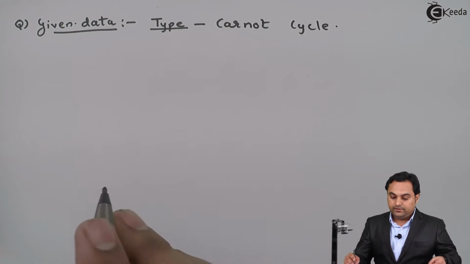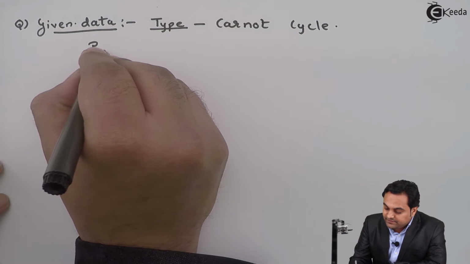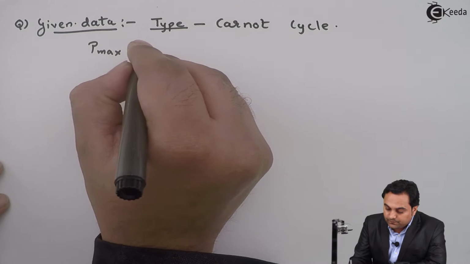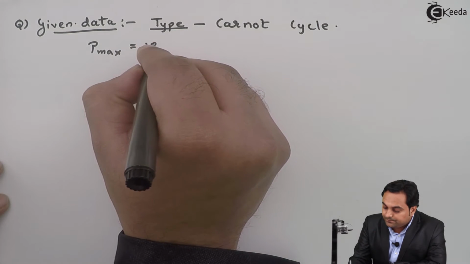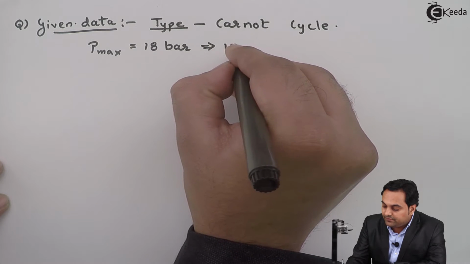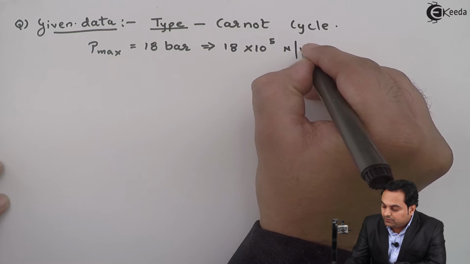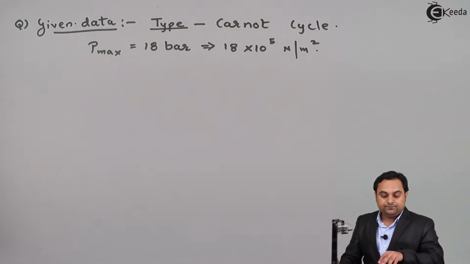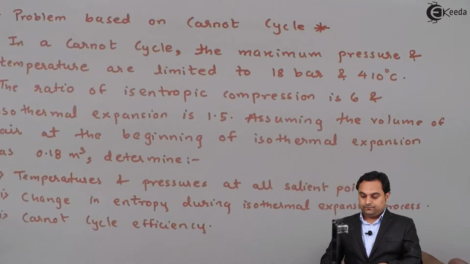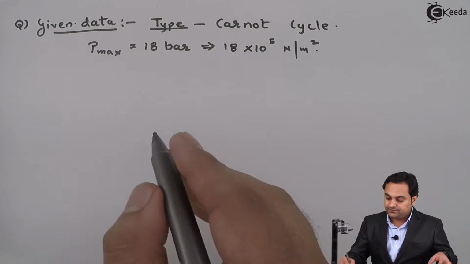So I'll write down maximum pressure as P max, that is 18 bar, or it can be written as 18 into 10 raised to 5 Newton per meter square. Then the maximum temperature is 410 degrees Celsius.